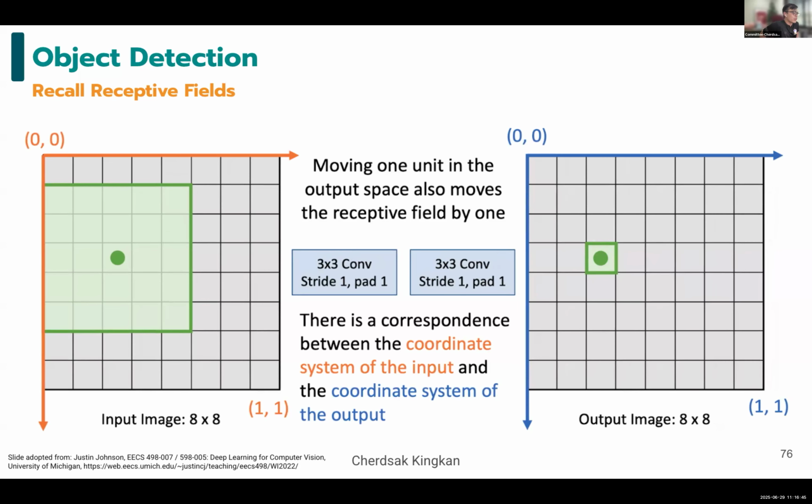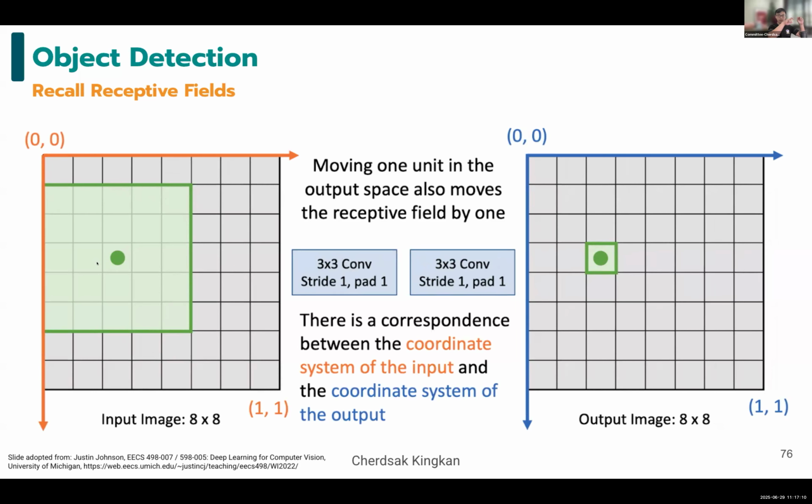So what we want to discuss here is that there is a correspondence, right? There's a correspondence between the coordinate system of the input and the coordinate system of the output. If you move anywhere within the output, it means that you're also moving within the input as well.